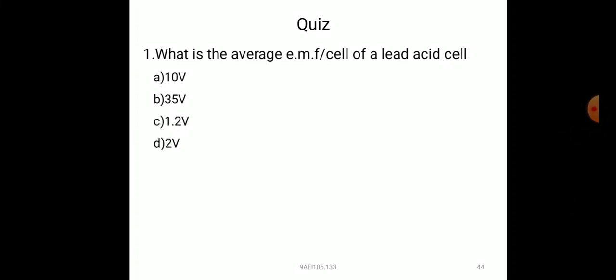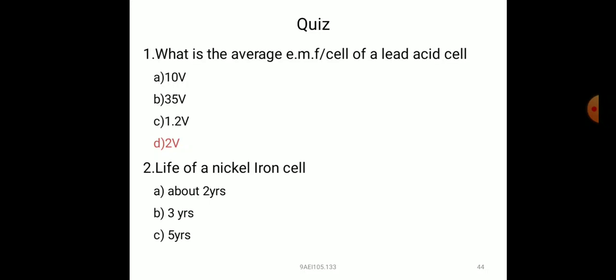So what is the average EMF of a lead acid cell? 10 volts, 35 volts, 1.2 volts. Generally the value is 2 volts. Another question is the life of a nickel iron cell. Nickel iron cell, you know that, 5 years.